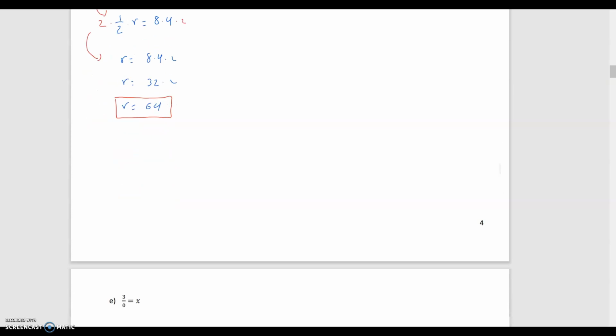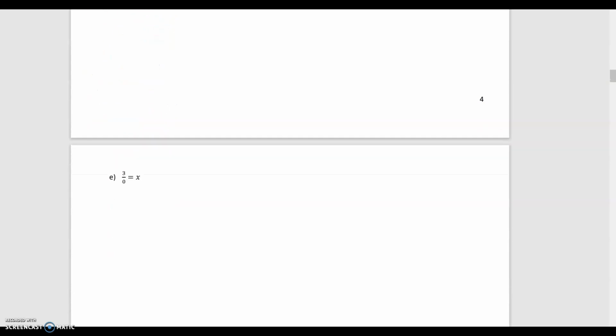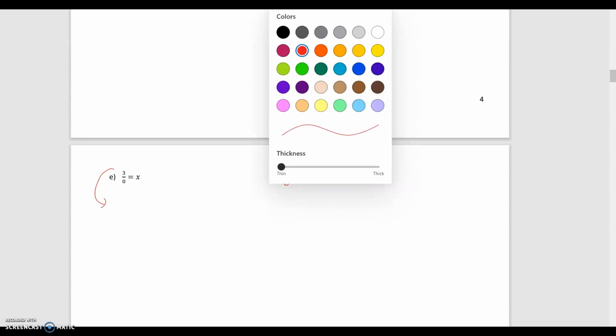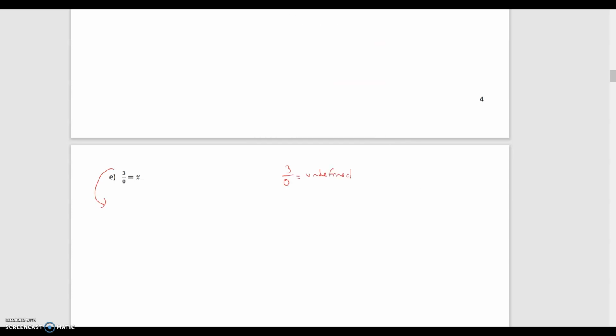Let's move on to E. Okay, so E requires that we remember one of the properties from the past, and this is if you have any divisions by 0 would be undefined. So on E, you would basically rewrite it as, well, undefined. In this case, 3 divided by 0 is undefined. I'm going to write that as side work.